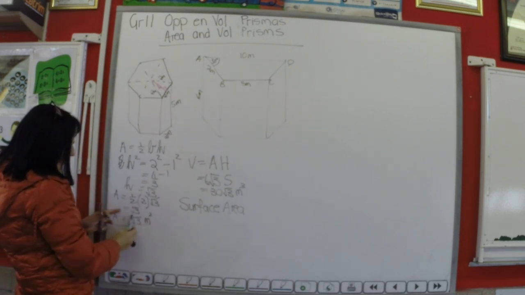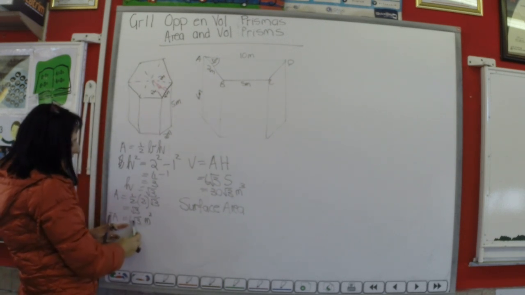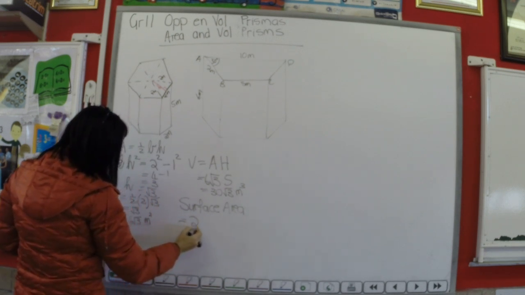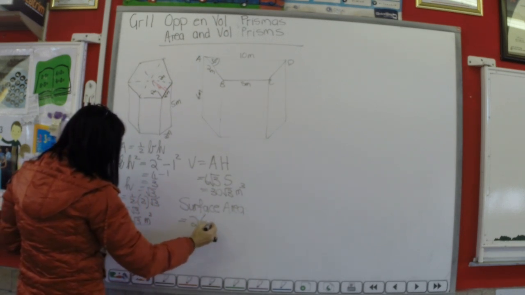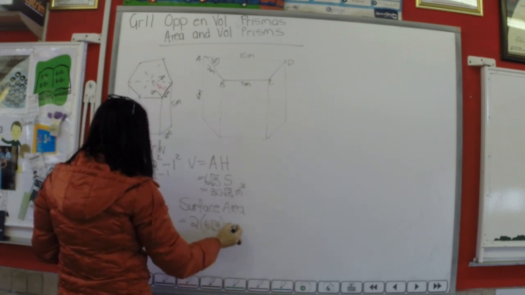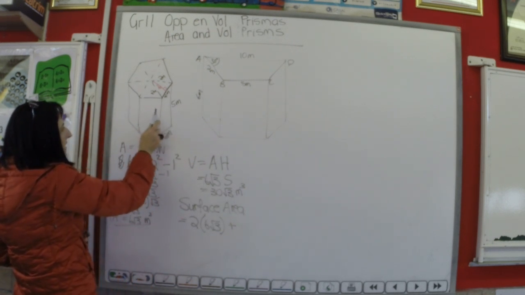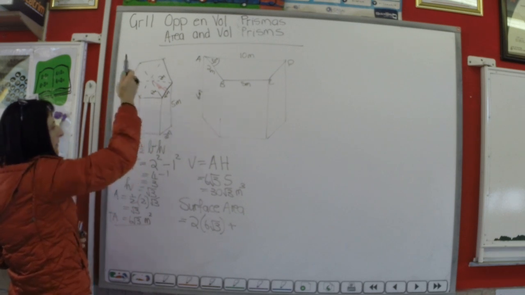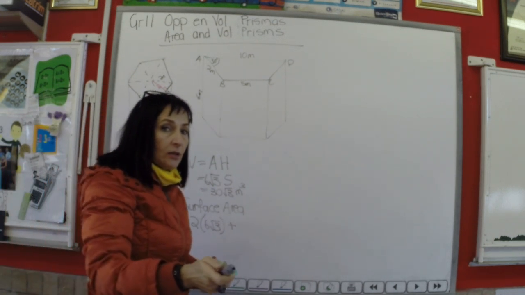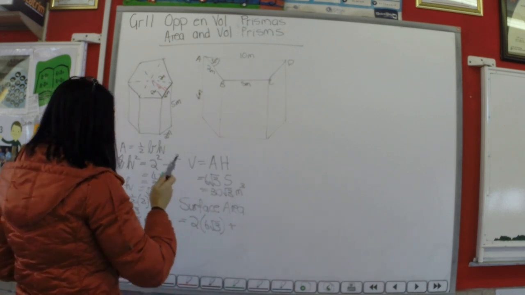So the area of that is 6 root 3, and there's 2 of them. Okay. And now I'm going to add, I've got 1, 2, 3, 4, 5, 6 rectangles. That's going to be identical because this is a regular polygon.